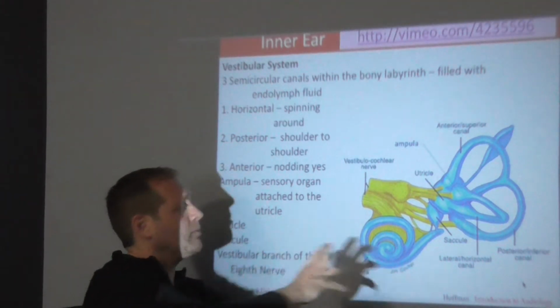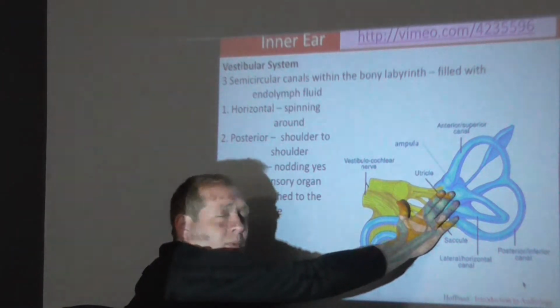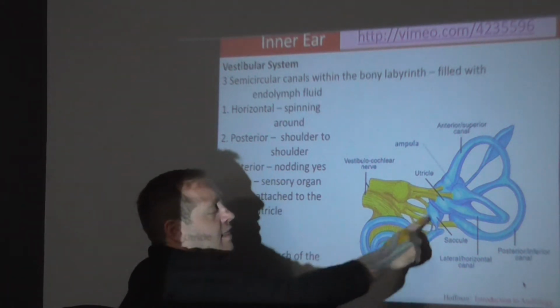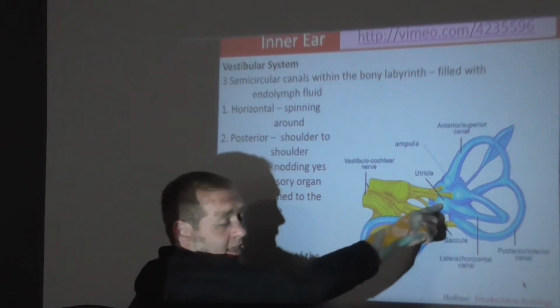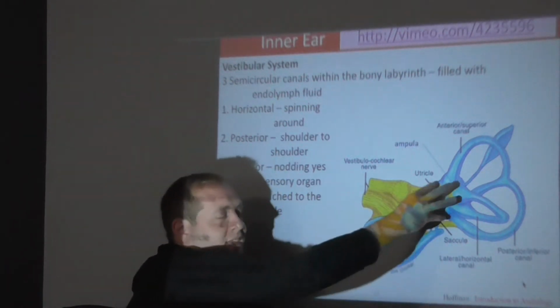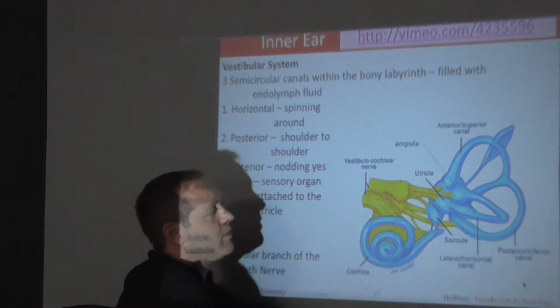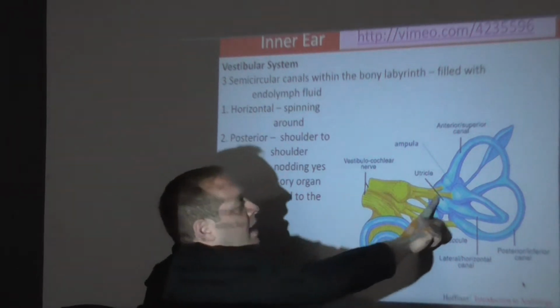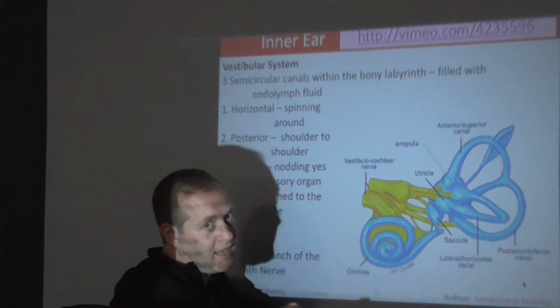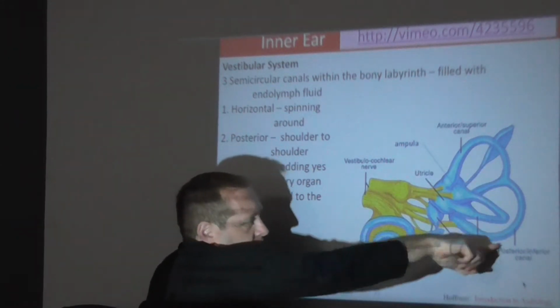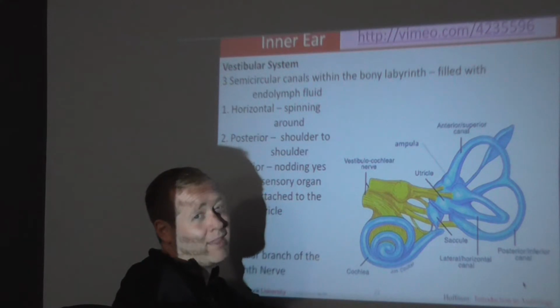If you remember, the bony labyrinth in the middle was the vestibule. The vestibule has all of this hiding underneath it or within it. These membranes or these canals are hiding in the vestibule. And then we have membranous semicircular canals within the bony semicircular canals of the bony labyrinth.